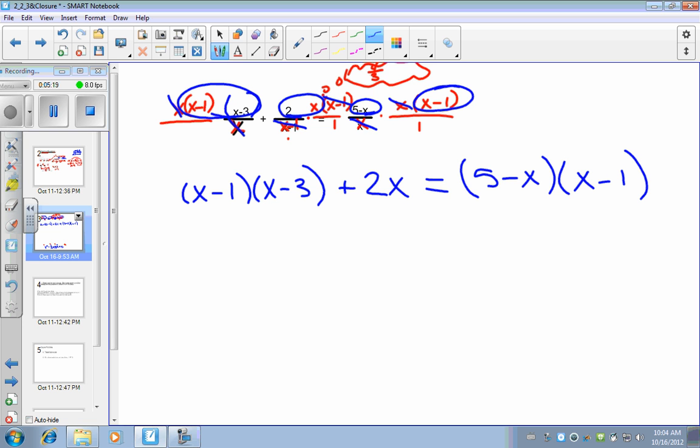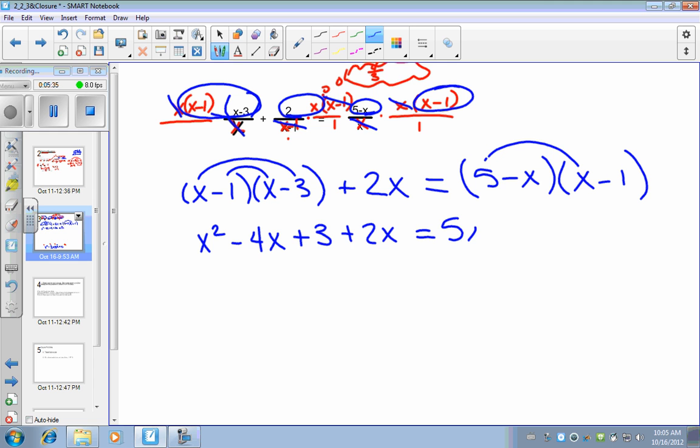And now I can go ahead and use FOIL: x squared, and then I have minus 3x minus 1x, so that's minus 4x plus 3 plus 2x equals, and over here I have 5x minus 5 minus x squared plus x, because negative x times negative 1 is positive x.